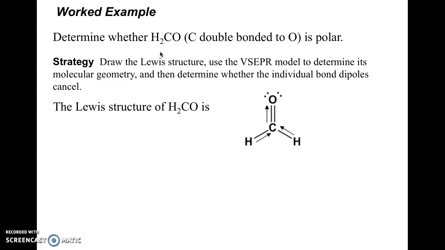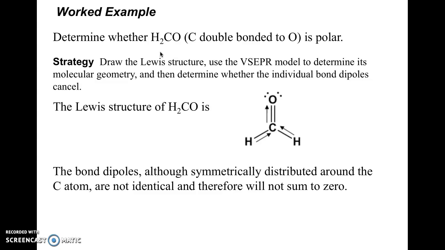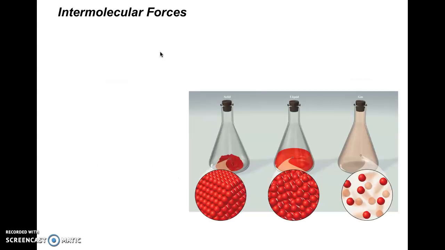So there's a lot of electron density on that side of the molecule. And then you're adding the fact that the carbon is more electronegative than the hydrogen, pulling the electrons towards itself. Then we find that they do not cancel one another out, and so as a result you have polar bonds and the molecule is polar.